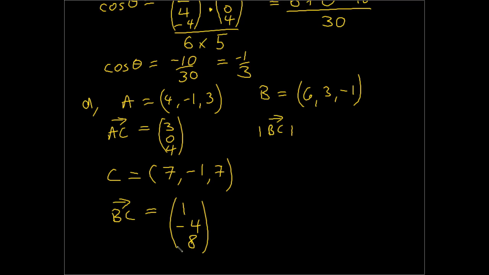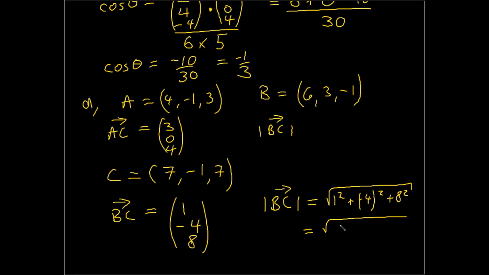And then finally I can work out the modulus of BC, which is what we were trying to do. So the modulus of BC is going to equal the square root of 1 squared plus minus 4 squared plus 8 squared, which is going to be the square root of 1 plus 16 plus 64, which is the square root of 81, which is going to be 9.